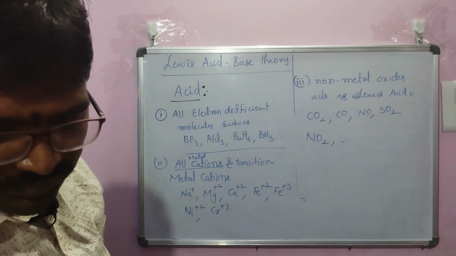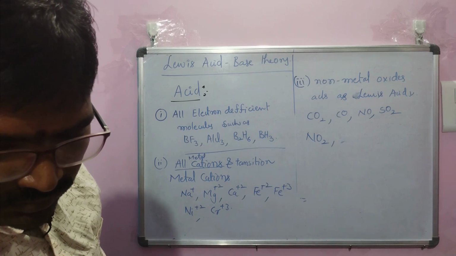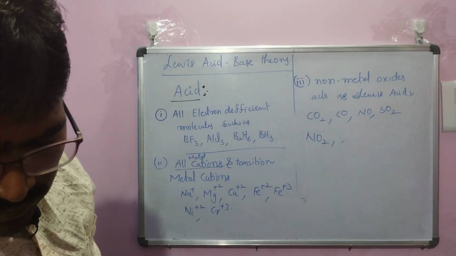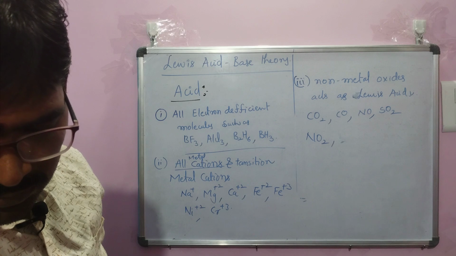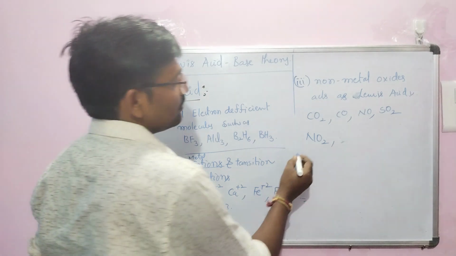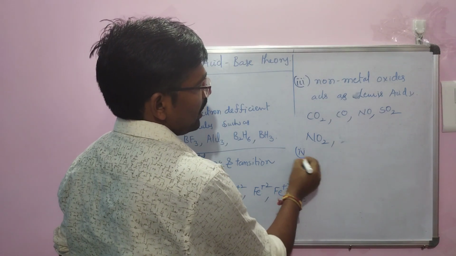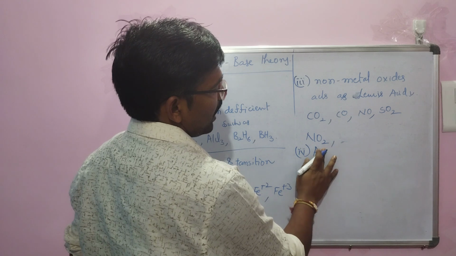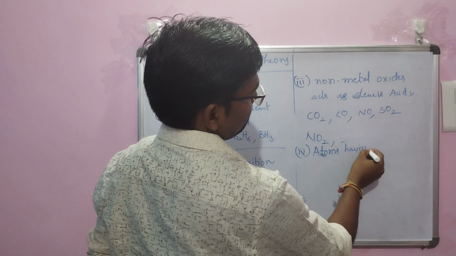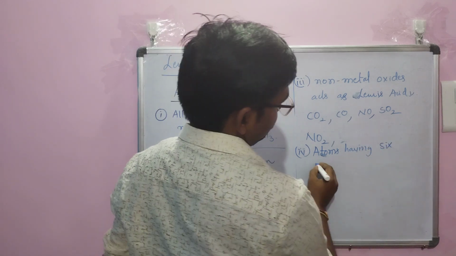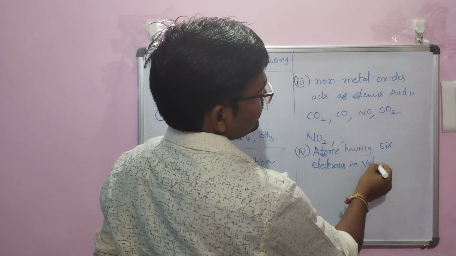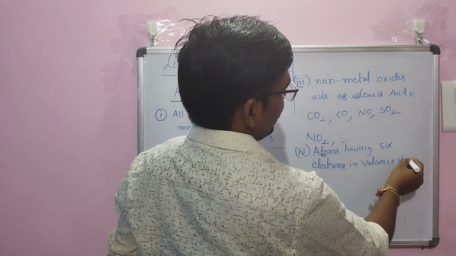Then one more thing: atoms having 6 electrons in their valence shell.